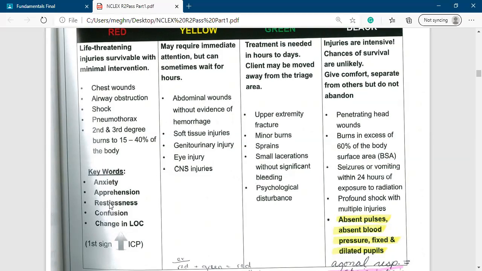What is the first sign of change in level of consciousness? Increased intracranial pressure. What are the signs of increased intracranial pressure? Increased blood pressure, increased temperature, decreased heart rate, decreased pulse rate.